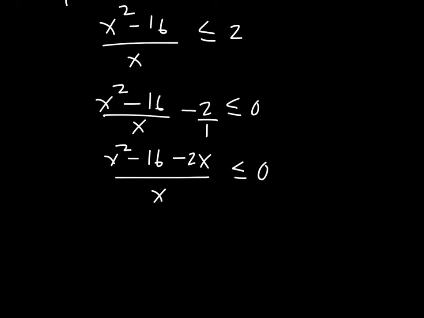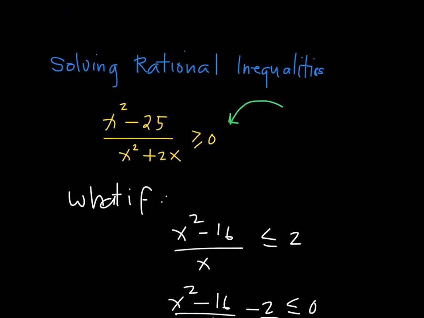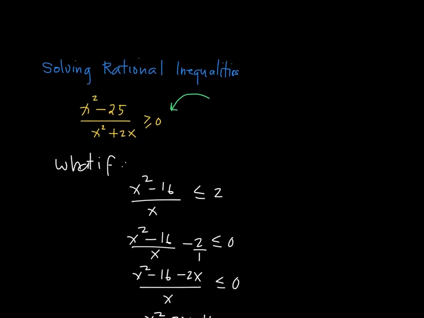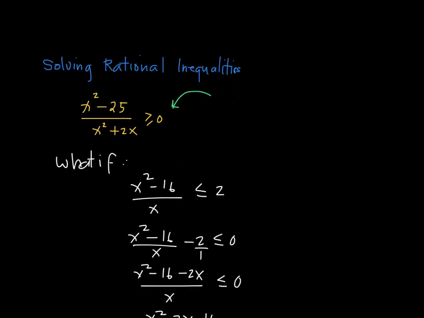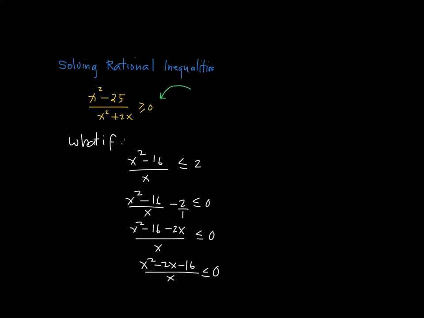Then you simplify that, so that means x squared minus 2x minus 16 over x less than or equal to 0, and that will look like our example in this video. So again, when the other side is not equal to 0, you have to transpose the value and combine as a single fraction before you proceed with the steps in solving rational inequalities.